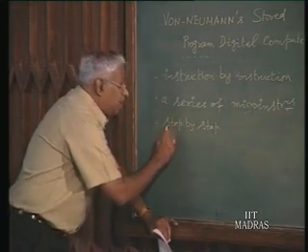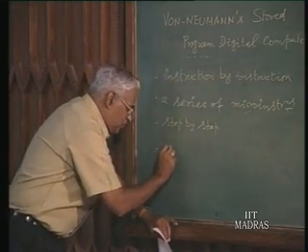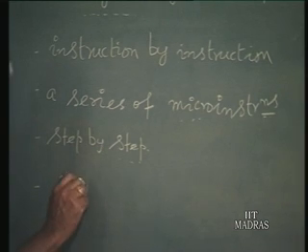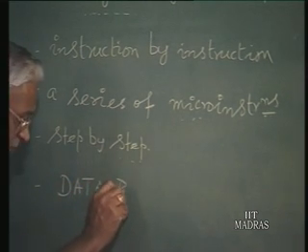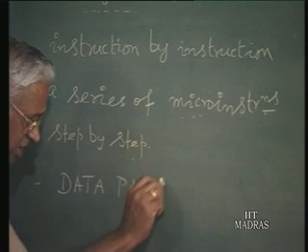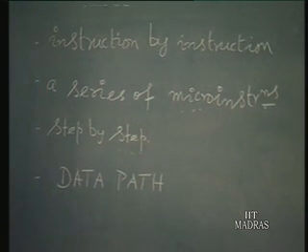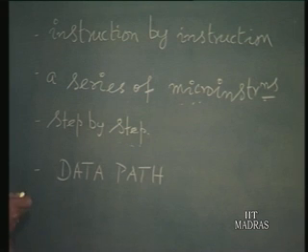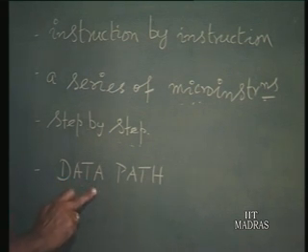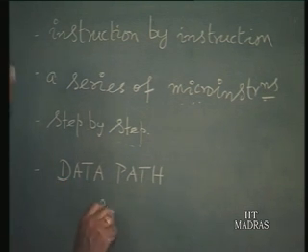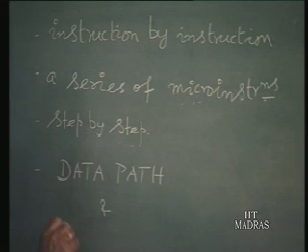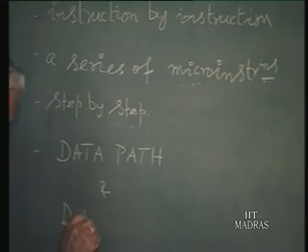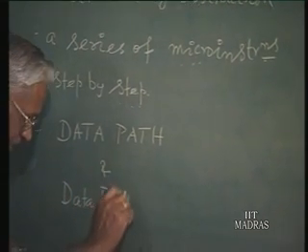So, the architecture essentially consists of setting up a data path for executing an instruction. Okay. Now, it is the path over which the data flows, and for setting up this data path the appropriate control signals are needed. So, that is generally called data path control signals.